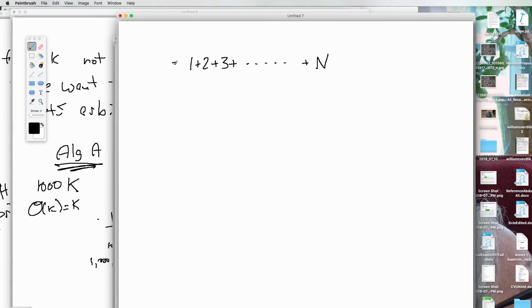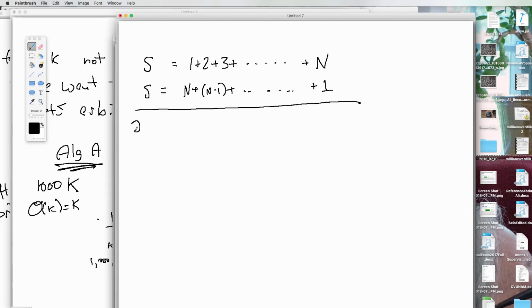And I want to call that s. And I'm going to rewrite s, but now I'm going to write it in reverse order. So it's going to be n plus n minus 1 plus, like that. In this line here, I've just written this in reverse. And now I'm going to add them up. So this plus this is 2s.